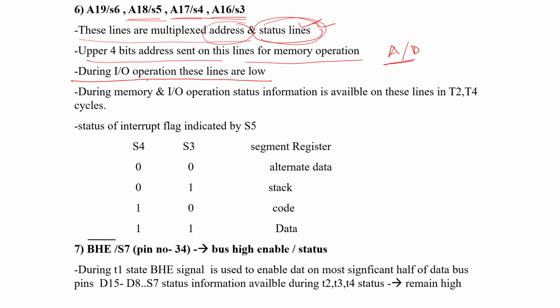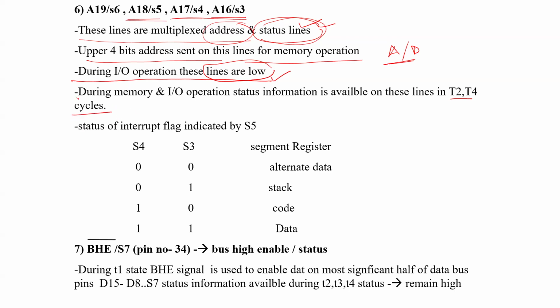So at that time, these status lines need not do anything. But if the microprocessor is doing any internal work, at that time this address and data bus are not needed, and these lines will be activated. During memory and IO operations, status information is available on these lines in T2, T4 cycles.